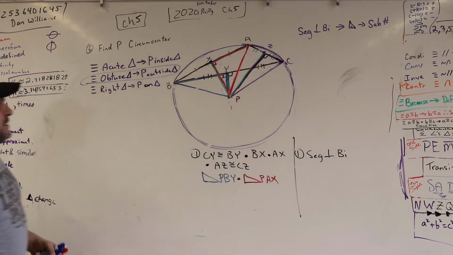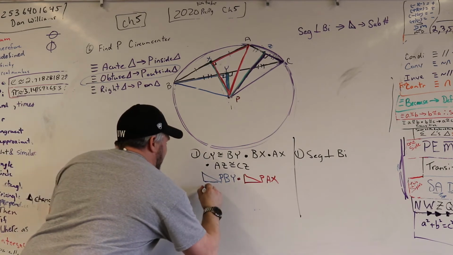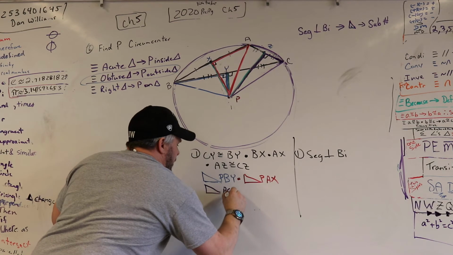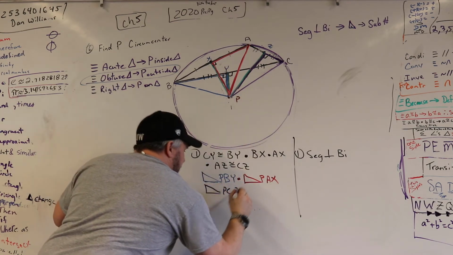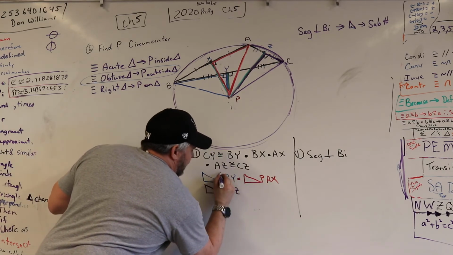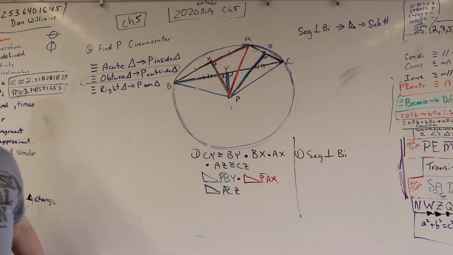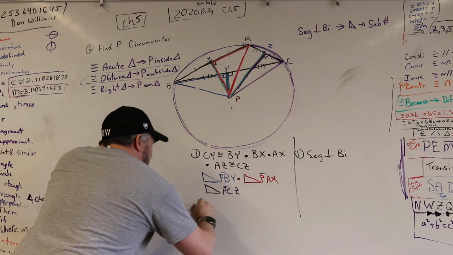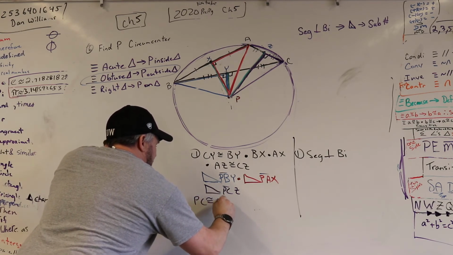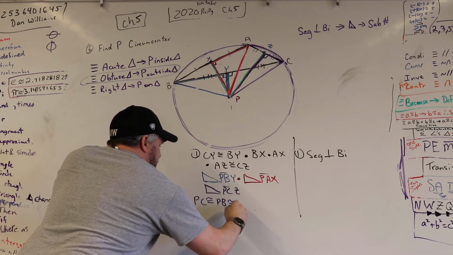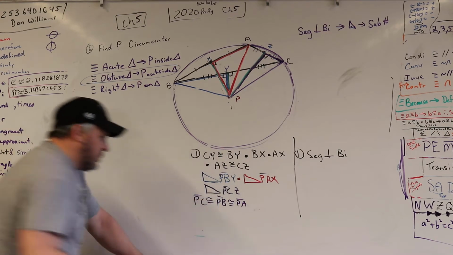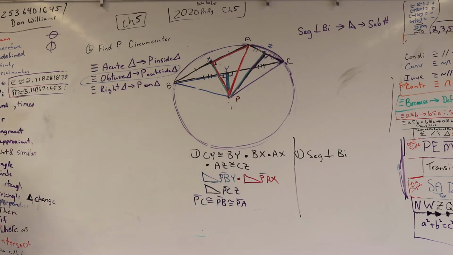So that is your next one, the purple right triangle of PC and then Z. All of these have radii, so the radius PC is congruent to PB, which is congruent to PA. So all those are what we call radii.